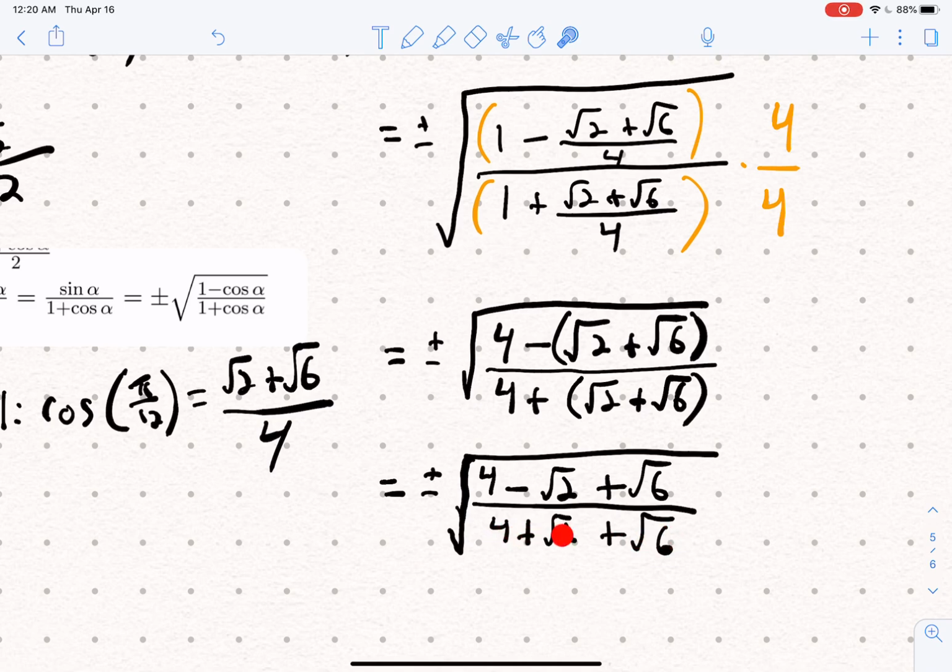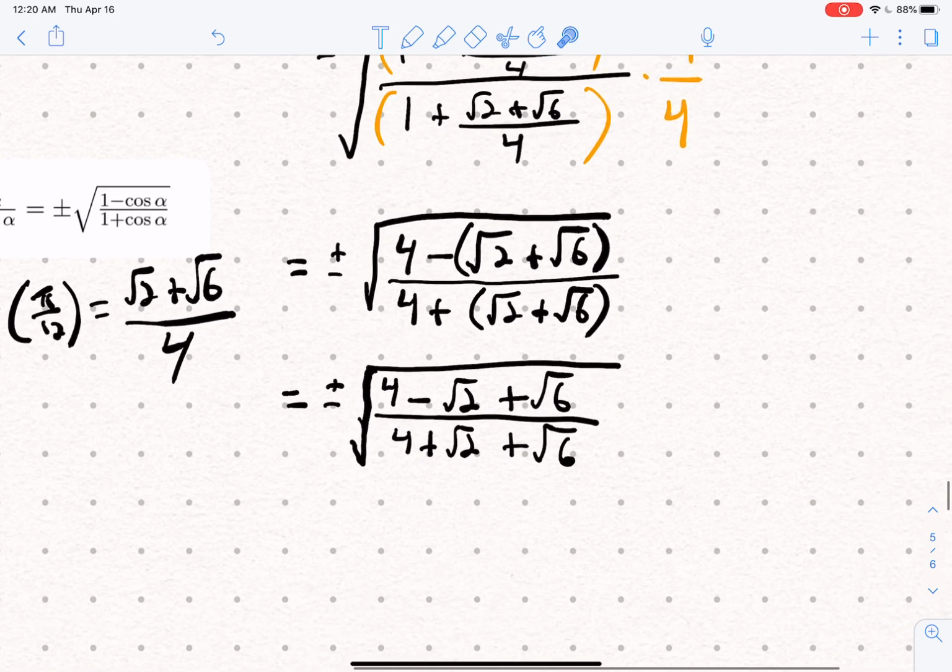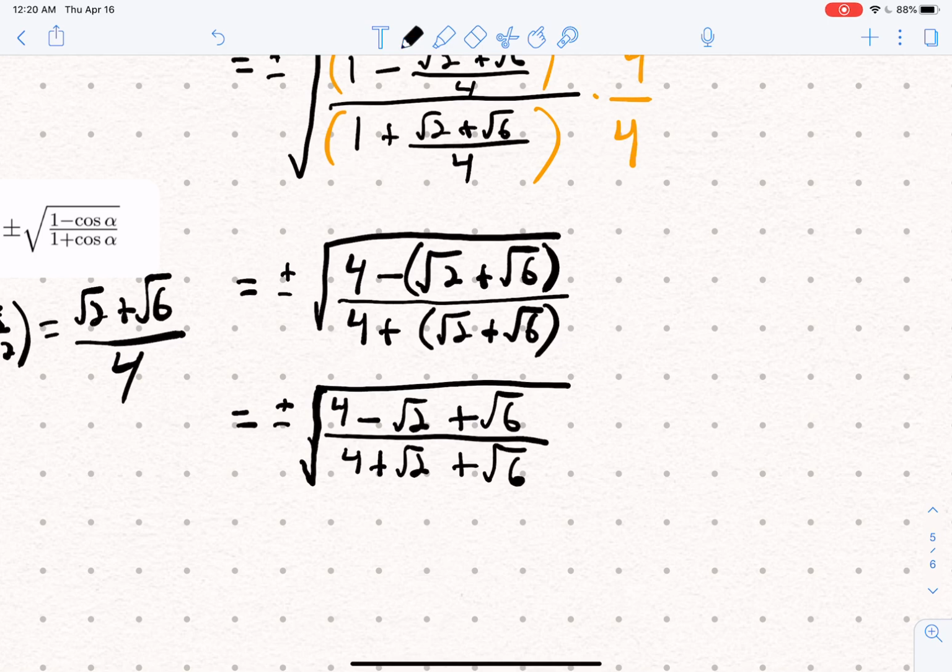But there are, of course, 3 terms down here, and so it's not totally clear how to multiply by the conjugate. Can it be done? Yes, there is a trick, which is grouping 2 of the terms together. However, I am not going to do it here. I think that this simplification is going to end up taking a bit more time than I want to spend right now.